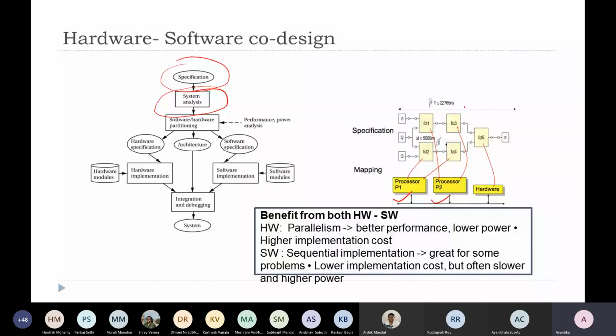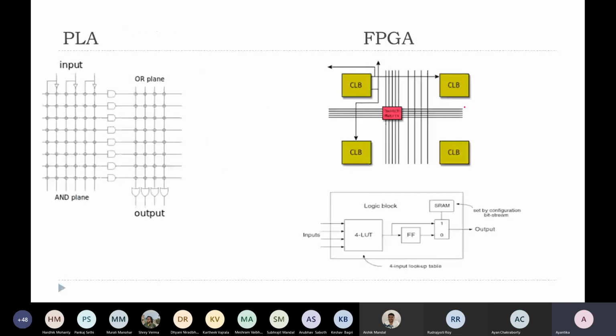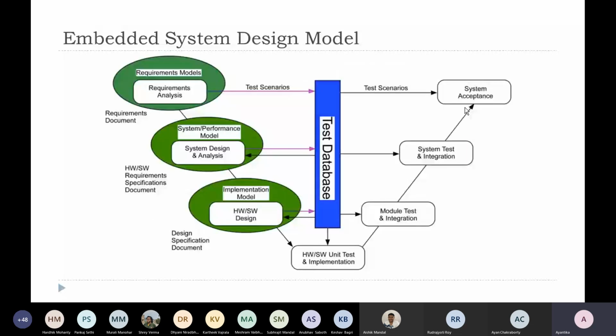So this is finally the ICE technology. I'm not going into this, we have already talked about it. Following this model, we have some requirement, and from there we do the requirement analysis, and from there we come to system and performance modeling. This performance and system modeling we have discussed in detail, and we have checked what different modeling techniques can be used for different types of specifications.